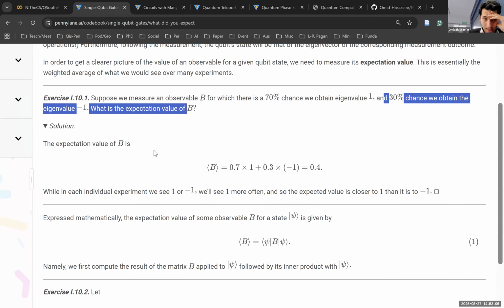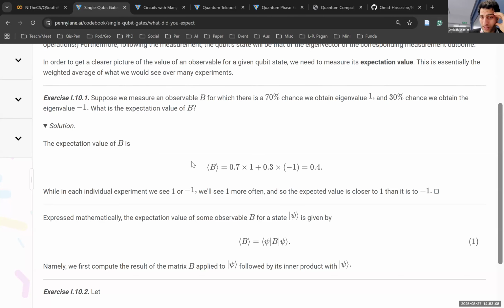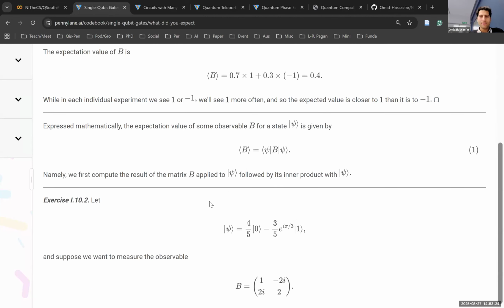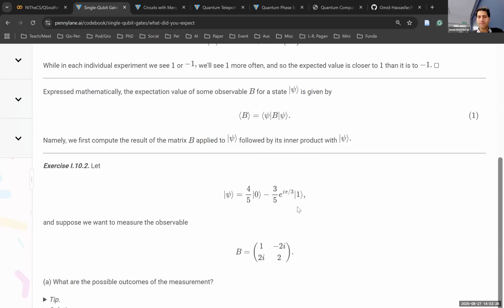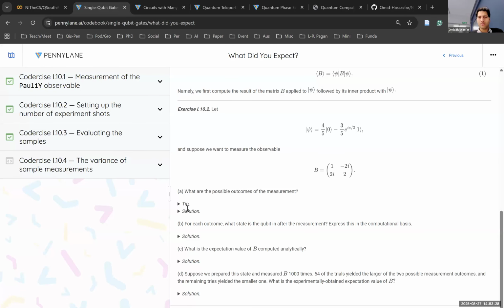What is the expectation value? You can just check the expectation value is 0.4, which is not 1 and not -1. Okay, so your eigenvalue can be completely different from the expectation value. Just keep in mind. And then there are some other examples, which you can check as well.